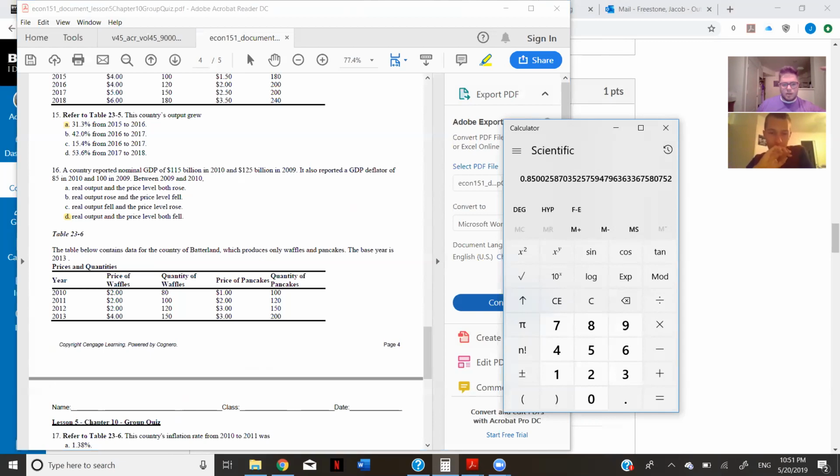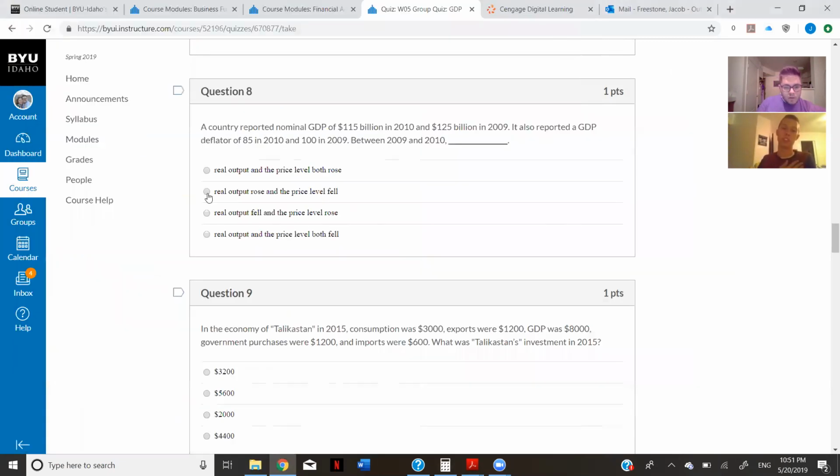It's going to be the same both of them. And then in the other one, it's 135. I did the math. So the output, yeah. So real rose, but the price fell. So you're right. So it'd be B. Right, that's why there's, okay.